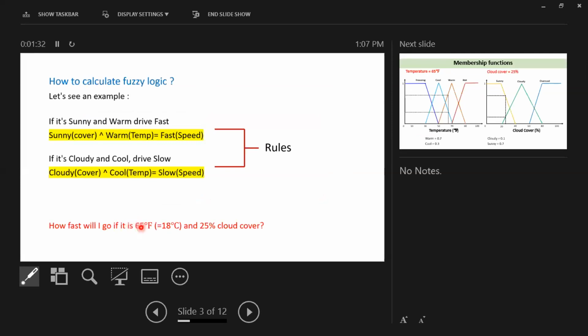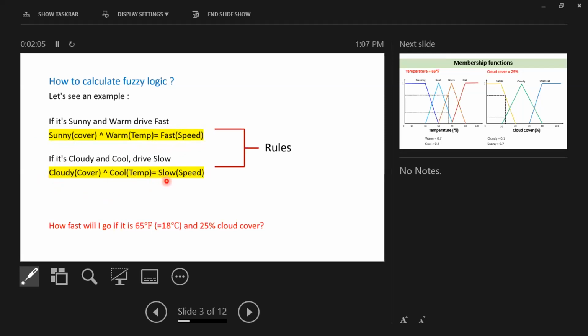Let's see an example of how the fuzzy logic is calculated. First, let's define two rules, shown in the yellow highlight. If 100% sunny and 100% warm, then we can drive 100% fast. And if 100% cloudy and 100% cool, we can drive 100% slow.